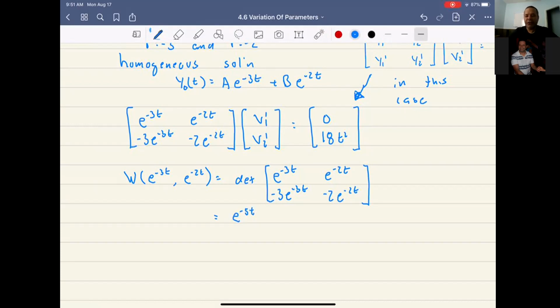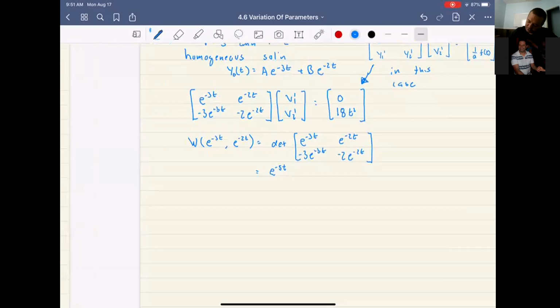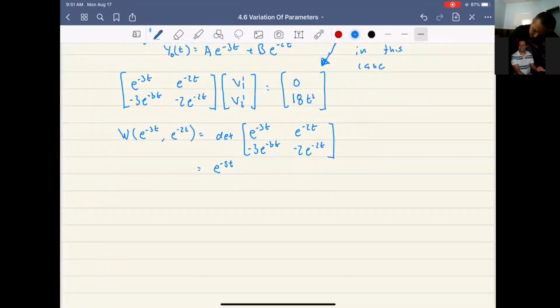Okay, now let's set up and solve the system using Cramer's rule. V1 prime equals the determinant.